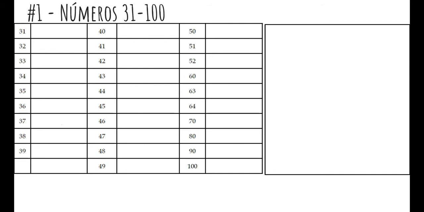It's going to take a little bit of practice. The bigger numbers get fairly complex. They're going to look really big and intimidating, but if you break them down, they're not so bad. They're just as intimidating in Spanish as it is in English for somebody learning English. They just get big. But first off, we're going to focus on 31 through 100 here, and there are some patterns that you will see on these.